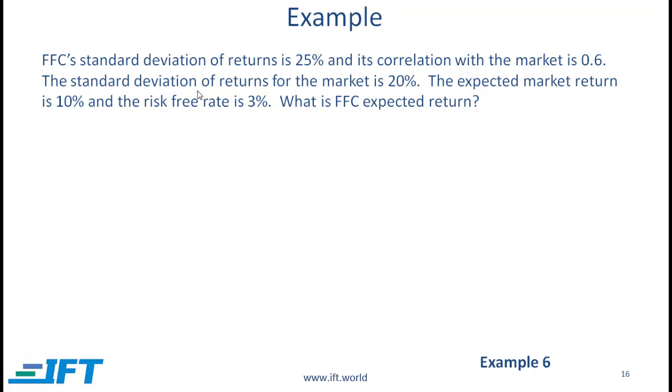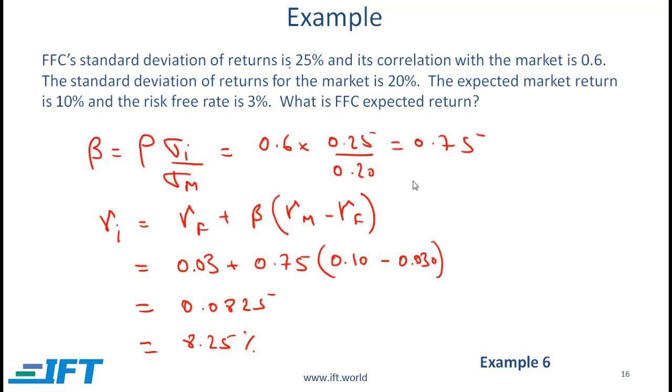Let's do this simple example now. In fact, I want you to do this example before you look at the solution. Here is what you need to do. Note that you need to compute beta first, and we've done this before. The beta is 0.75, and then we use the capital asset pricing model.